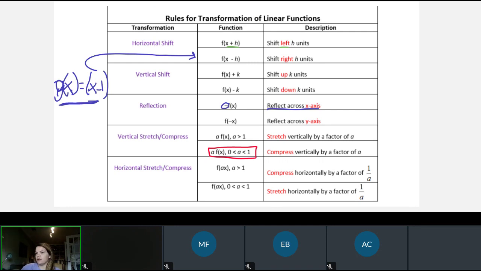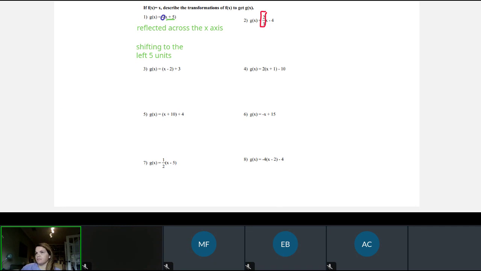So then I can go back and say, okay, this function had a compression of 2/3. Or if you want to use it, it was shrunk by 2/3, that's totally fine.